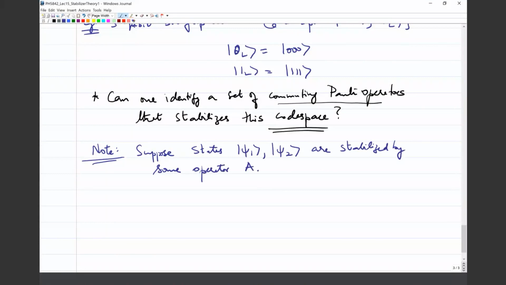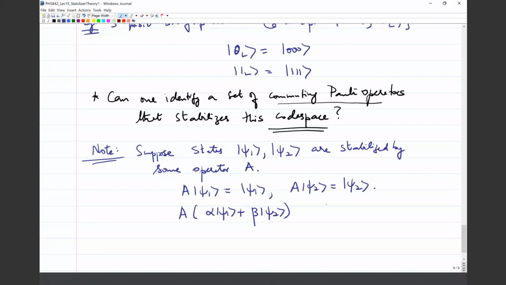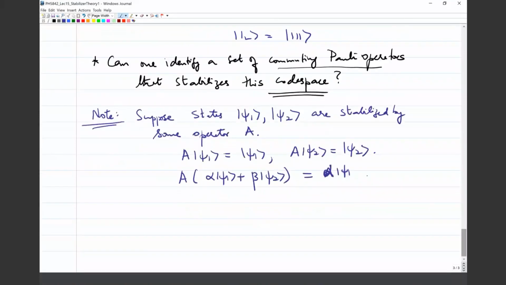Then what that means is A psi1 is psi1, A psi2 is psi2. So A acting on alpha psi1 plus beta psi2 is also alpha psi1 plus beta psi2. So you see the vector space structure naturally emerges when you talk about the stabilizing action, right? So this should automatically become clear to you if you have done your linear algebra courses seriously enough.